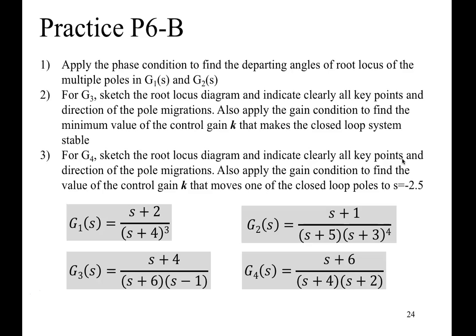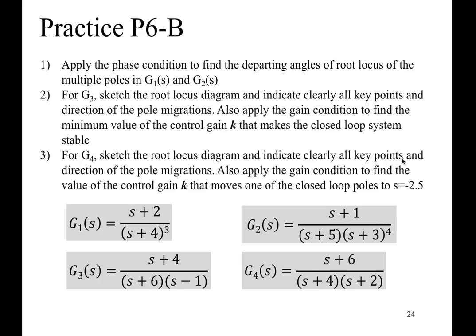Okay, time for you guys to practice. Again, I have some transfer functions here. For some of them, I want you to find the departing angles. And for some of them, I want you to sketch the RootLocus diagram. There are different scenarios, and not all of them you can apply the conditions or copy my approaches.